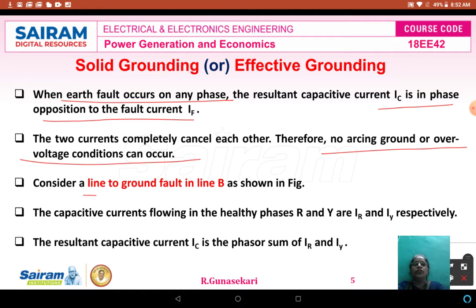In the line to ground fault on line B, the capacitive current flows in the healthy phases R and Y, that is IR and IY respectively. The capacitive fault current IC is the phasor sum of IR and IY.